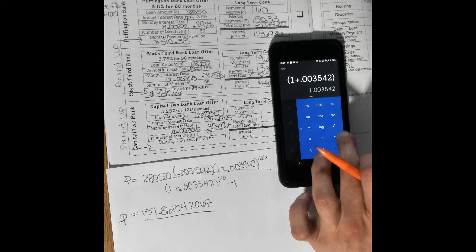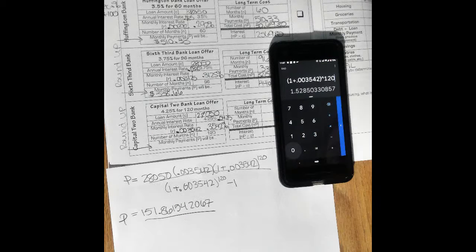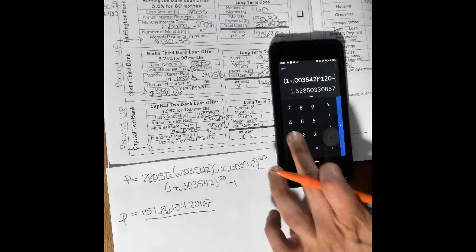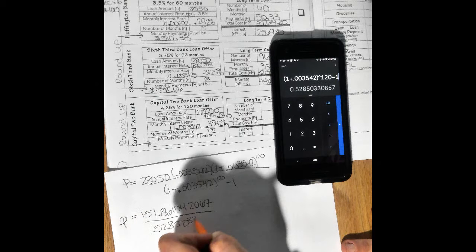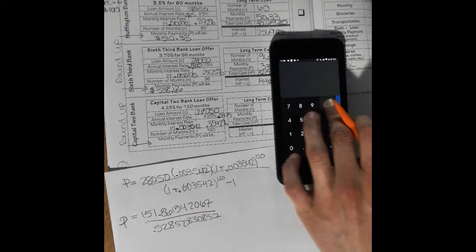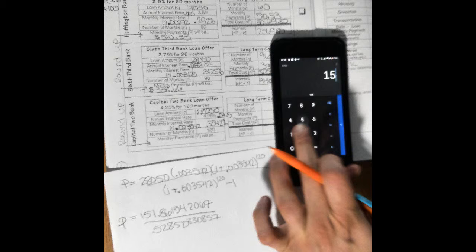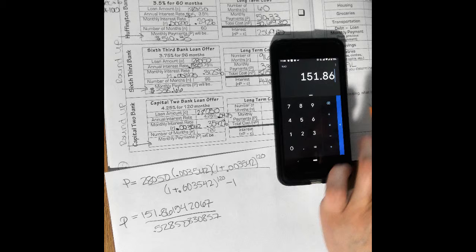I keep hitting that ln. I'm sorry. 120 minus 1. So I get a 0.52850330857. Clear this all the way out, and I'm going to type in all those decimals again because I want the most accurate number that I can get.